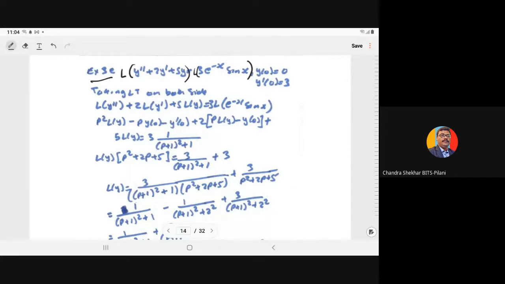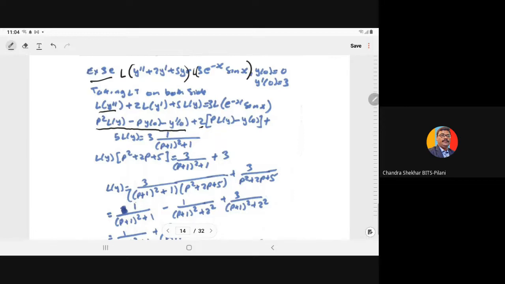By the formula, we know that L of y double dash is equal to p square L of y minus p y0 minus y dash 0, and L of y dash can be written as p L of y minus y0.